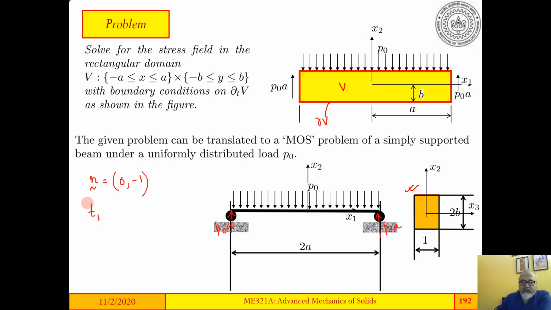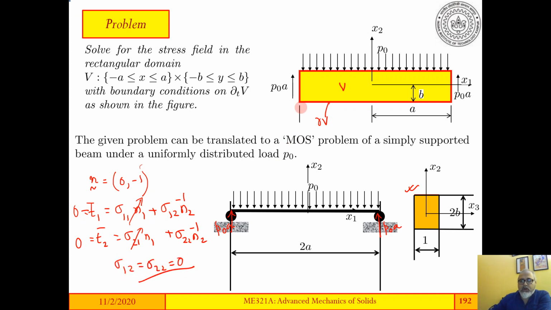So T1 bar is sigma 1 1 n1 plus sigma 1 2 n2, and T2 bar is sigma 2 1 n1 plus sigma 2 2 n2. However, this is a traction free surface, so T1 bar is equal to 0, T2 bar is equal to 0. N1 is 0 and n2 is minus 1, which means that sigma 1 2 equal to sigma 2 2 equal to 0 on this boundary.